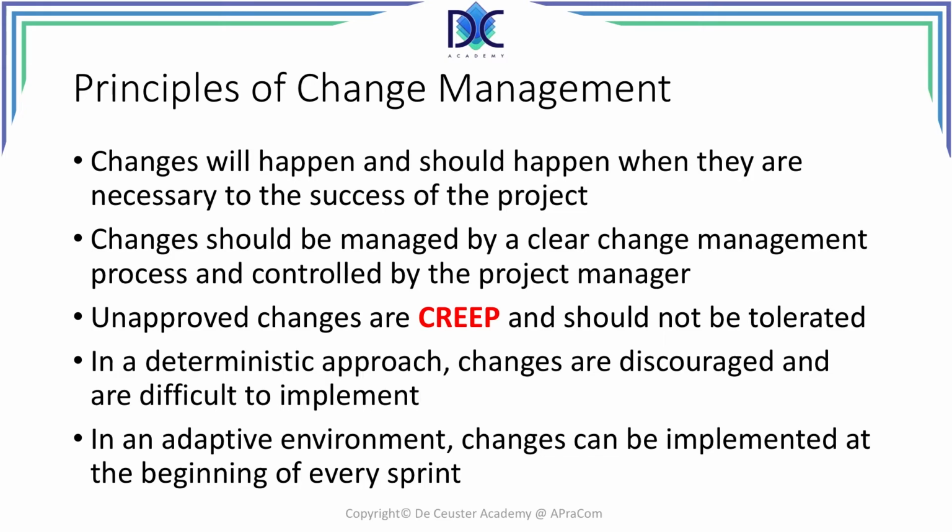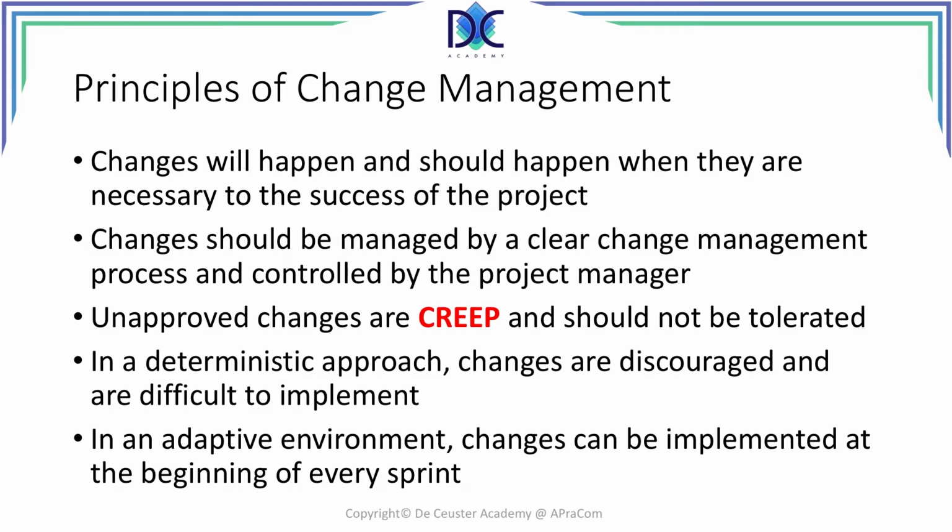In a deterministic approach, changes are discouraged and are very difficult to implement. Nevertheless, in some cases, like I mentioned before, they should be done. In an adaptive environment, changes can be implemented at the beginning of every sprint.